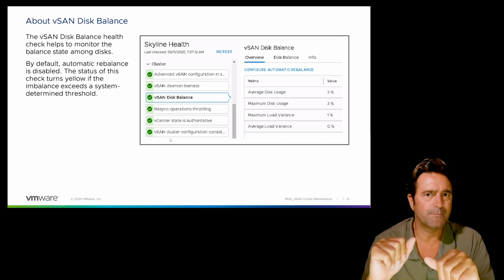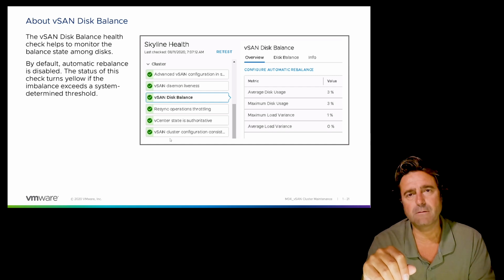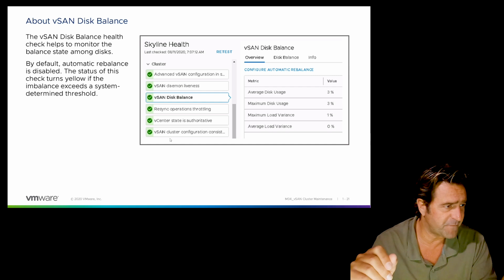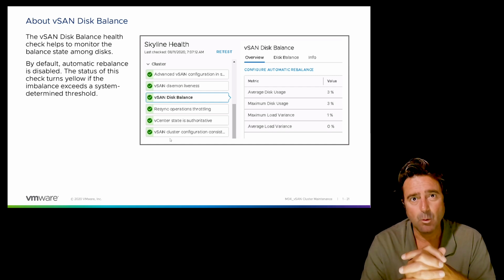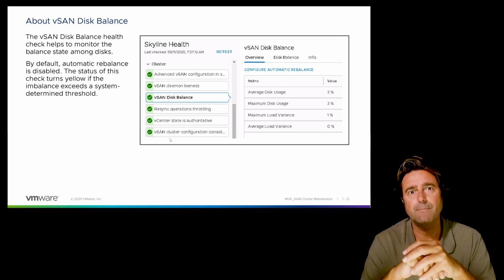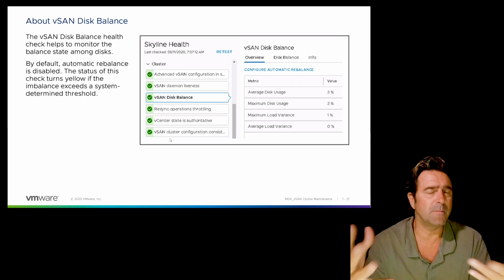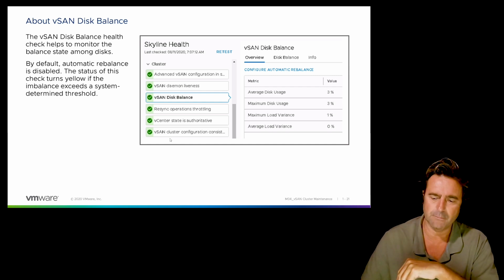Now, what do I mean? If one disk is at 50%, and let's say one disk is at 2%, the difference between 50 and 2 is more than 30%. At that point, the system will tell you that it would be a good idea to do a proactive rebalance. But you don't want to do that in the middle of the day because you're talking about moving a lot of data around.